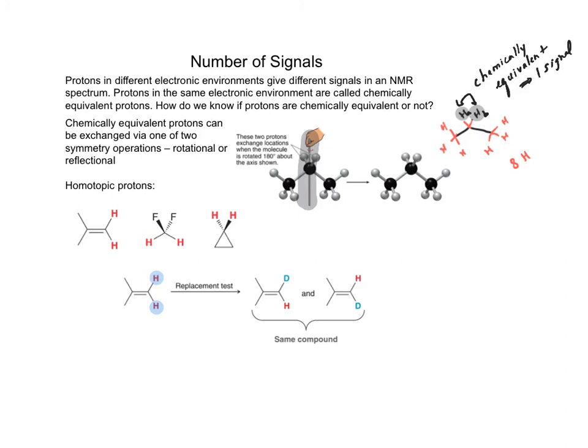When I do that for this molecule, because it possesses rotational symmetry, what do I get as a result? Are these different compounds? No, these are the same compound. So if you have homotopic protons and do the replacement test, you're always going to get the same compound as a result. That tells you that those protons are homotopic, that there is a rotational symmetry element for this molecule, and again, they're chemically equivalent as well.